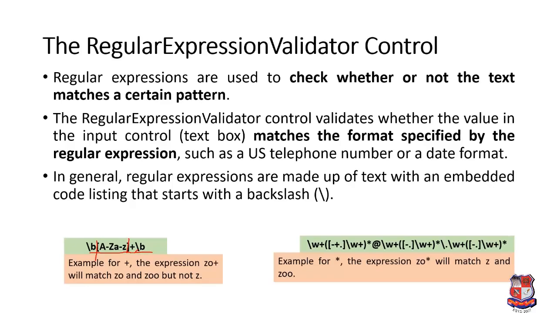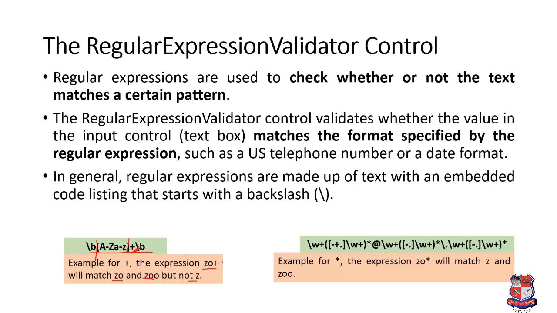After it there is a plus sign used. This plus sign is known as a quantifier. The plus sign matches the previous character or the sub expression one or more times. So we are matching one or more uppercase and or lowercase letters. For example, the expression zo+ will match zo and zoo, but it will not match z.